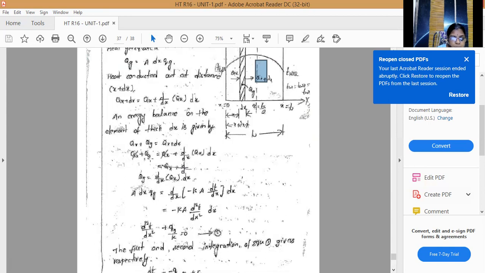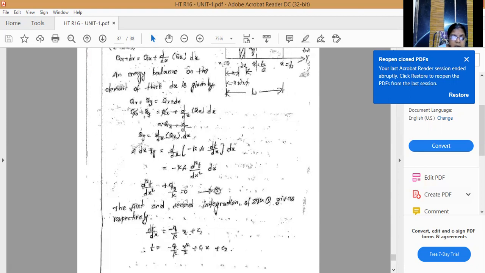Qx plus Qg is equal to the out term, Qx plus dx. Total in is equal to total out. So Qx plus Qg is equal to Qx plus, by the Taylor series, d by dx of Qx dx.